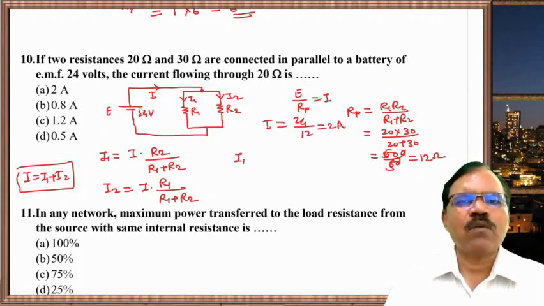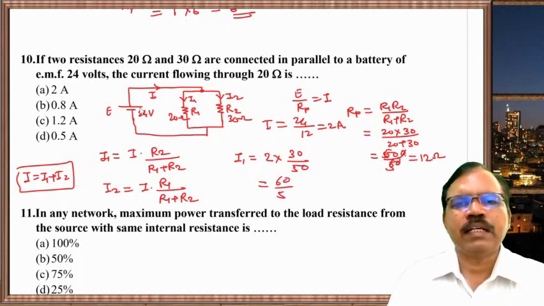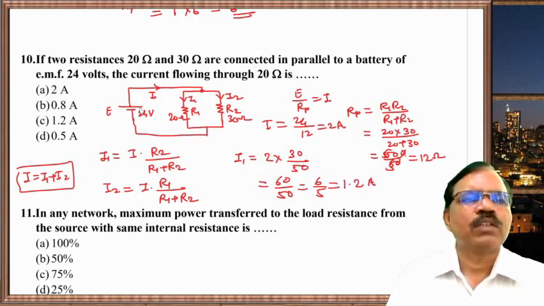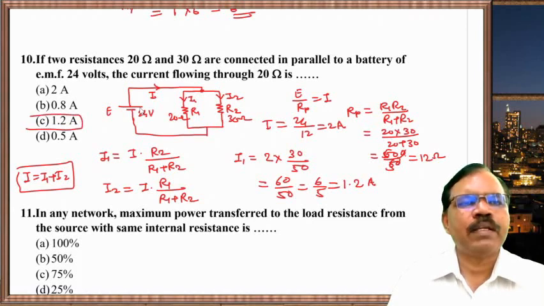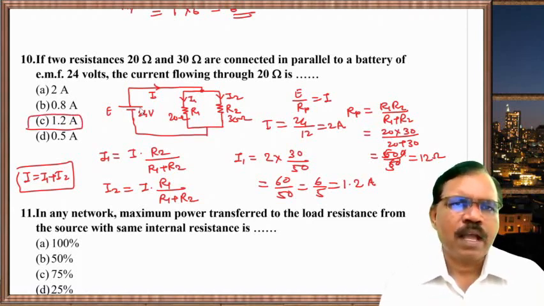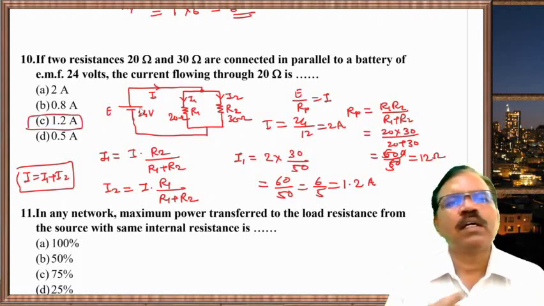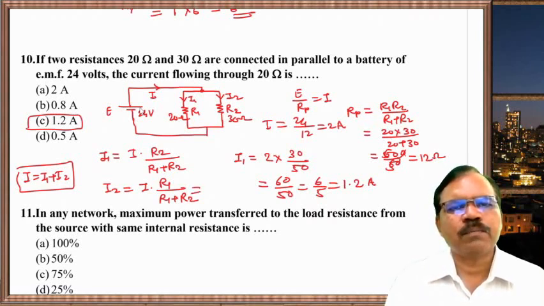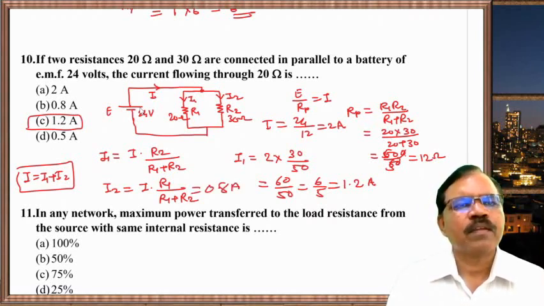So what is I1? I will take this as 20 ohm, this as 30 ohm. So I1 is I, 2, into 30 divided by 50. So 60 divided by 50. So it is 6 by 5. So it is 1.2 ampere through 20 ohm, and 0.8 will flow through 30 ohm. So if you calculate this from this, you will get 0.8 ampere.